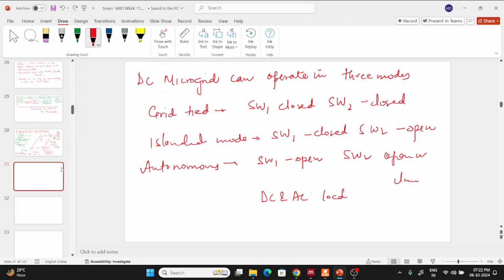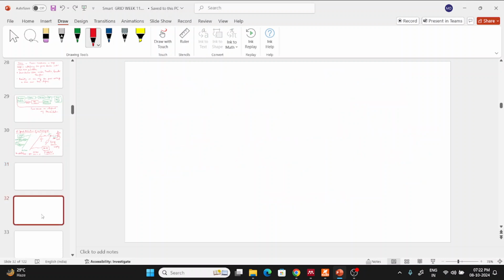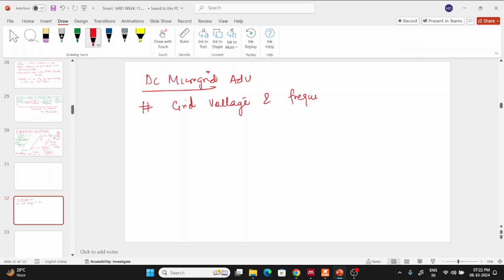Okay. Now, what are the advantages of any DC microgrid? So, one of the most advantages of the DC microgrid, it helps in grid voltage and frequency support. Okay.